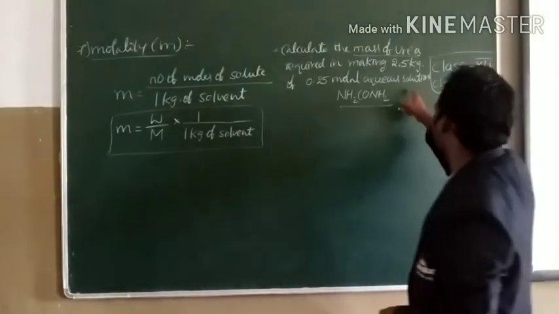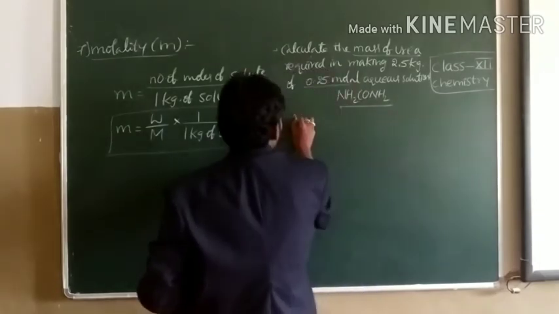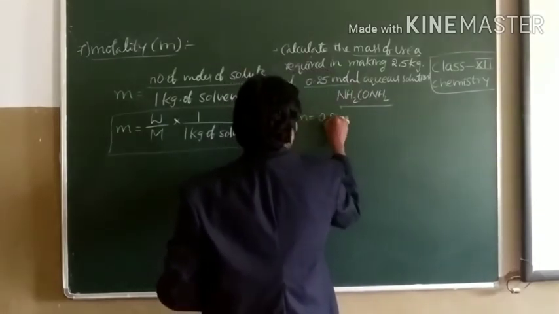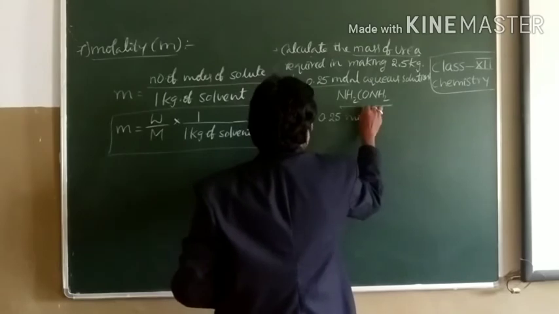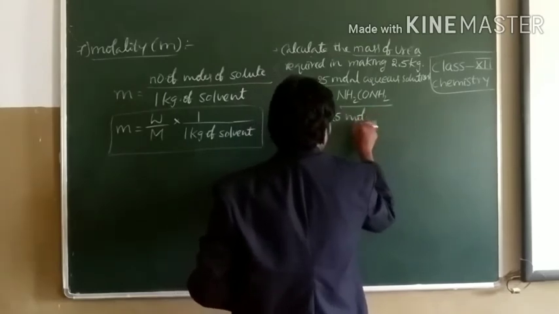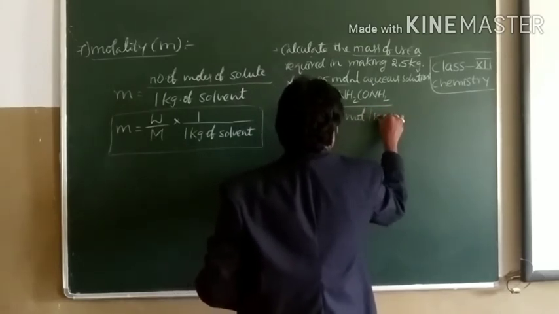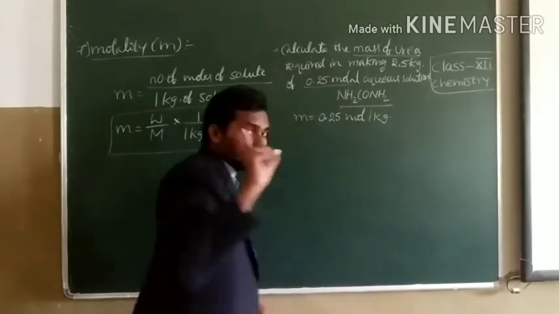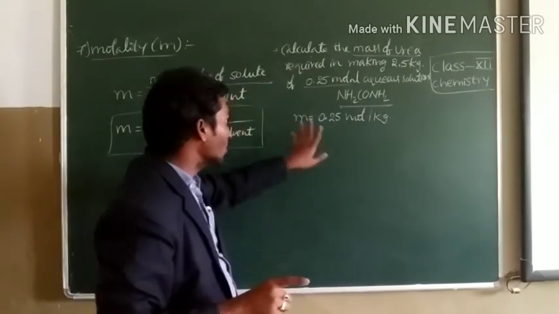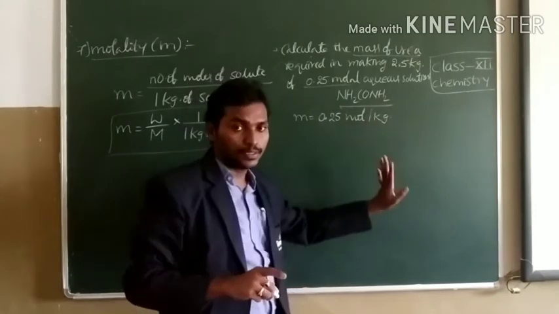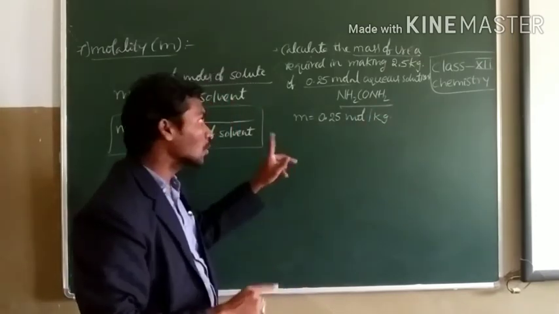Here they have given the molality value, 0.25. So small m is equal to 0.25 mole per kg, children. Remember, the unit of molarity is mole per liter, and the unit of molality is mole per kg. This is the difference between the units of molarity and molality.